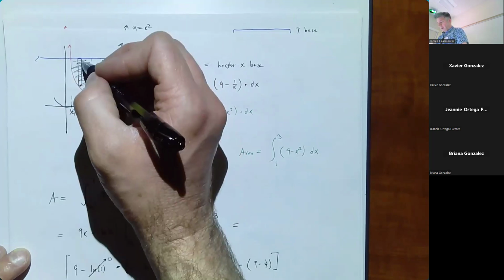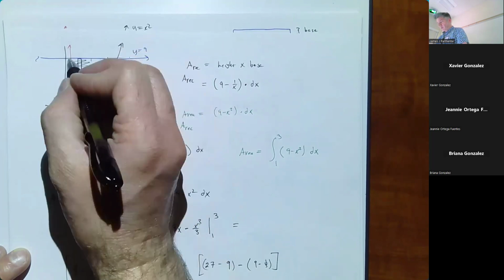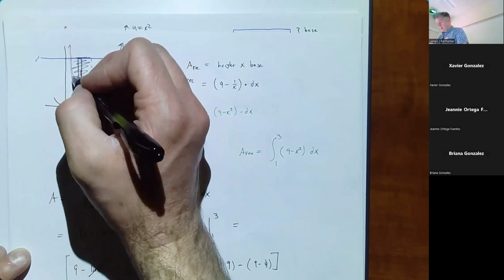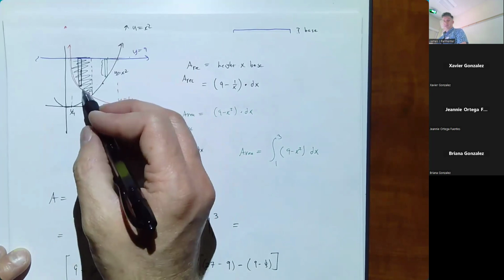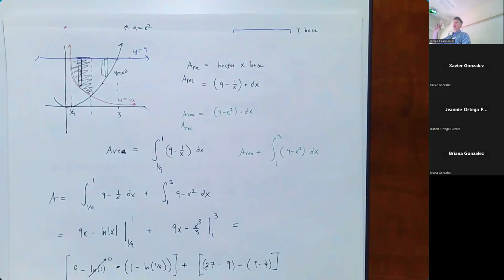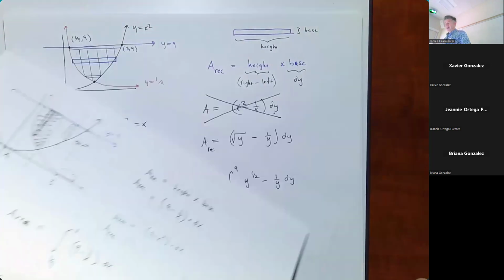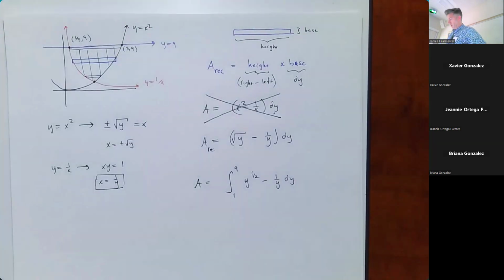Similarly over here, the height of this rectangle is the top function y equal to 9 minus the bottom function y equal to 1 over x. Because if you're trying to find the length of something, it's just the difference between the two values. So hopefully that offers some explanation.